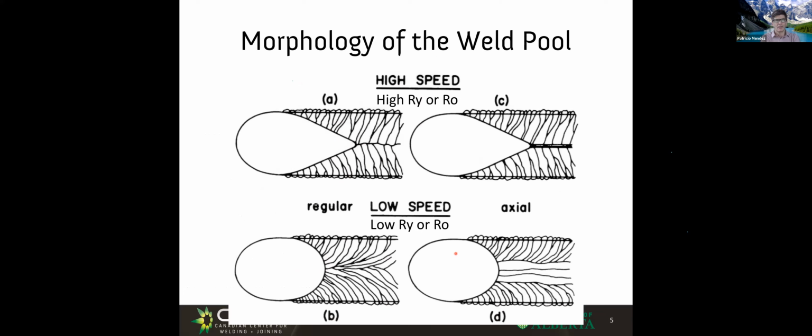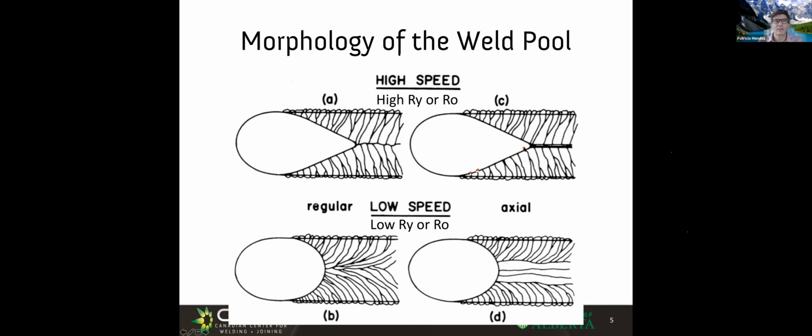So, morphology of the weld pool, right? What we talked about, this Richardson number that is some sort of a measure of fast versus slow. And when we're fast, the weld is elongated. And for reasons I don't fully understand myself yet, the elongation is not like a perfect ellipse, but actually gets quite a straight edge here.